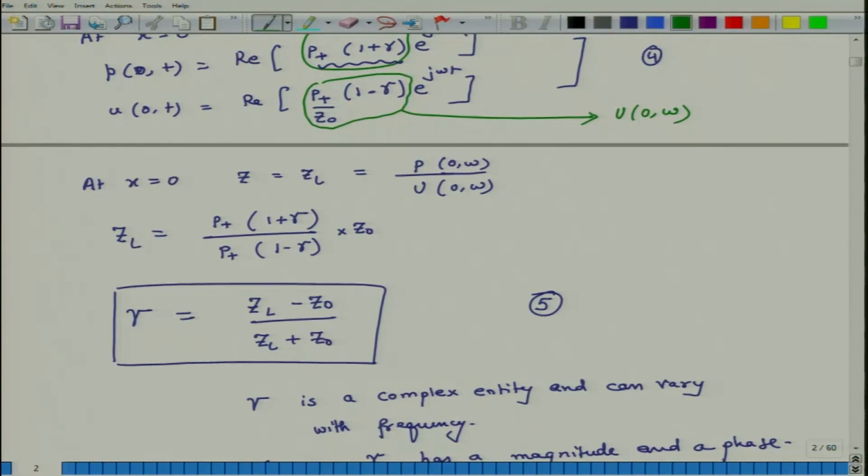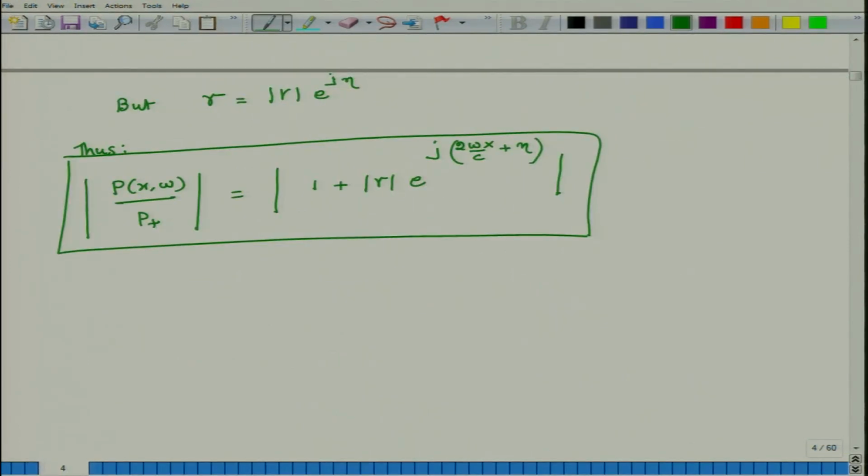In that process, we have arrived at relation 6, which says that the modulus of the complex amplitude of the pressure wave inside the tube divided by P plus is nothing but the modulus of 1 plus the modulus of gamma times exponent j, 2 omega x over c plus eta. So, we will close today, and we will continue this discussion tomorrow, and we will close our discussion on Kundt's tube in tomorrow's lecture.